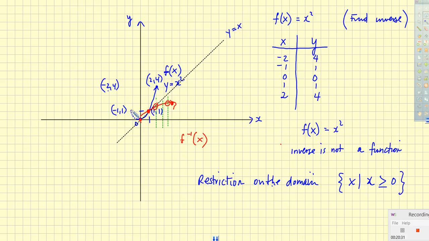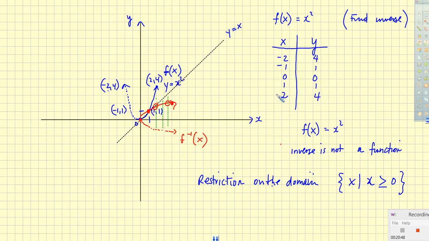If I don't make the restriction, let's go back, I'm going to put a dotted line here. If I don't make the restriction that x has to be greater than or equal to 0, and I allow the negative part of this graph to exist, then it's no longer considered a function, because for every value of x, I'm getting two values of y. So the moral of the story is that y equals x squared does not have an inverse unless I put a restriction on the domain.